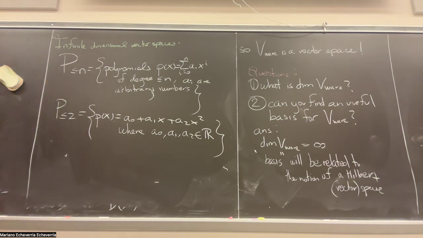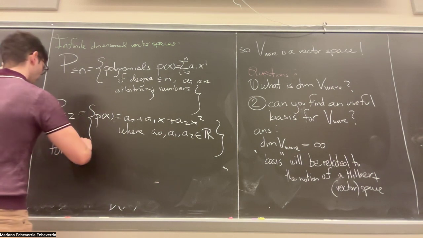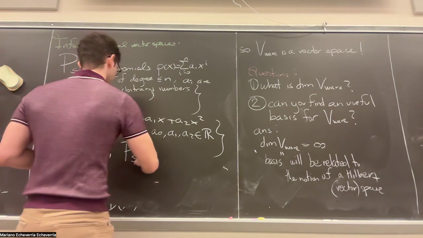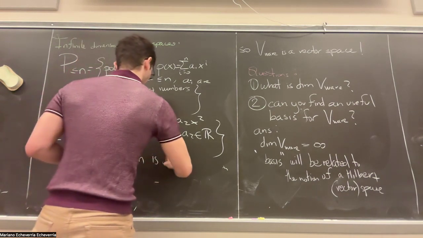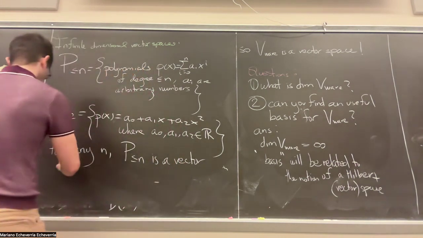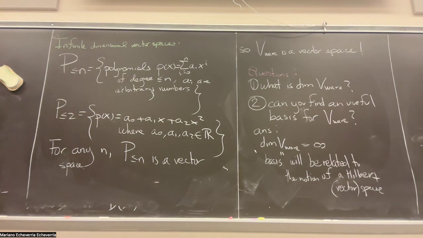For any n, polynomials of degree less or equal to n form a vector space, right? Does that make sense?